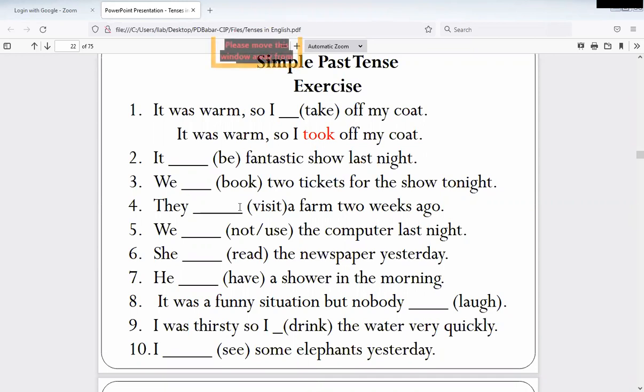This action happened before 2 weeks, that is, 2 weeks ago. So we understand that we have to use the past form of the verb. They visited a farm 2 weeks ago.